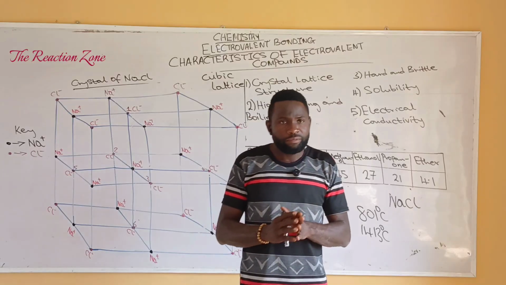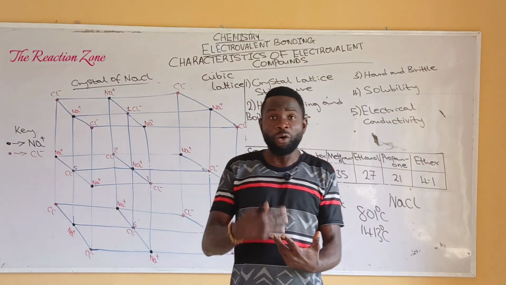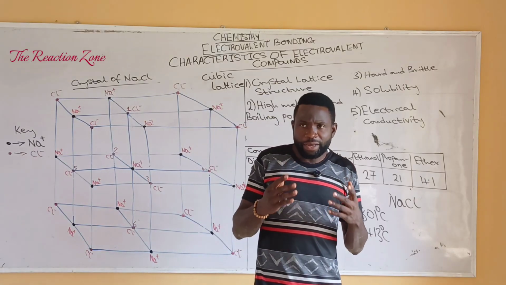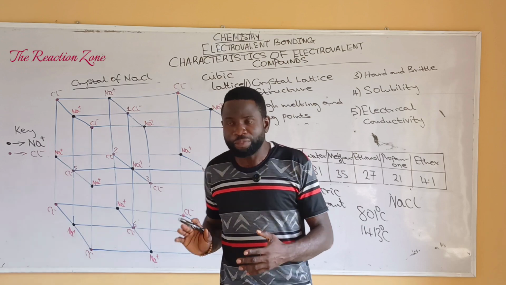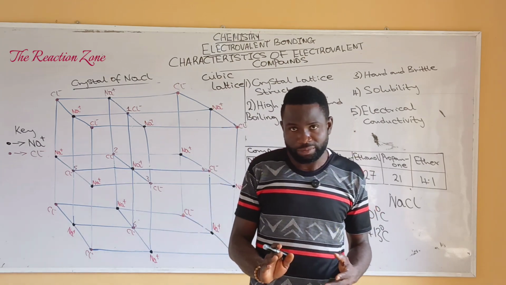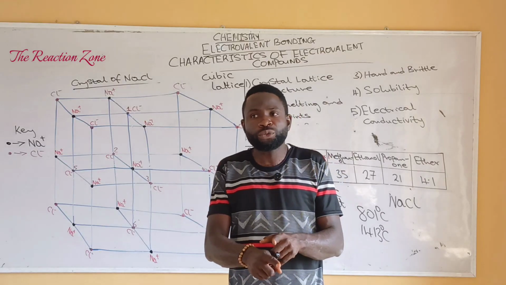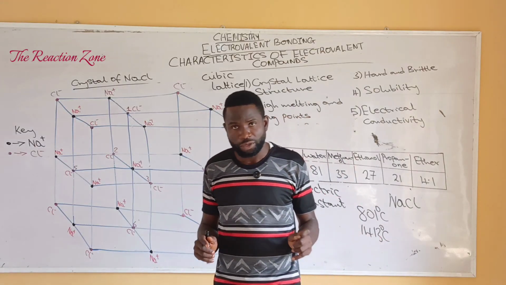However, when an electrovalent solid is melting, that is when it is in molten state, or when it is in solution, the ions are free to move about. So, on the passage of electric current, these ions in solution can move towards their respective electrodes.